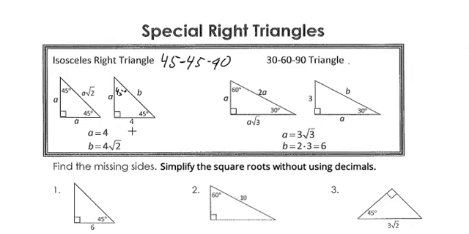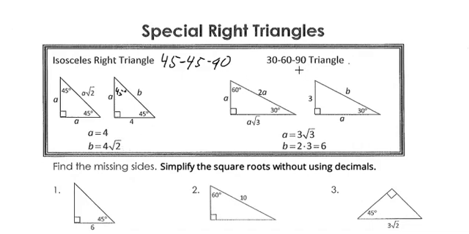If one of the legs of a 45-45-90 triangle has a length of 4, we know the other leg has a length of 4 also. So this side here would have a length of 4. And the hypotenuse across from the right angle must be the length of the leg multiplied by the square root of 2. And that's it. And we're able to find these missing sides without using the Pythagorean theorem.